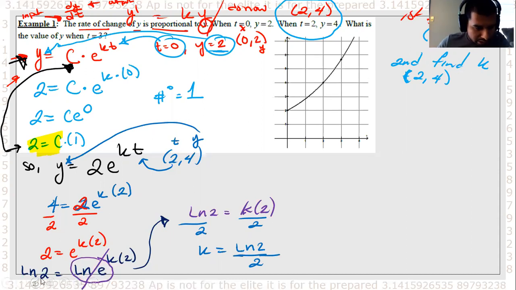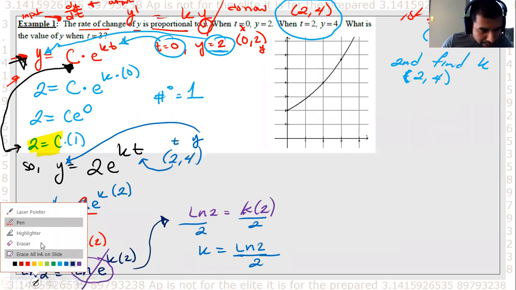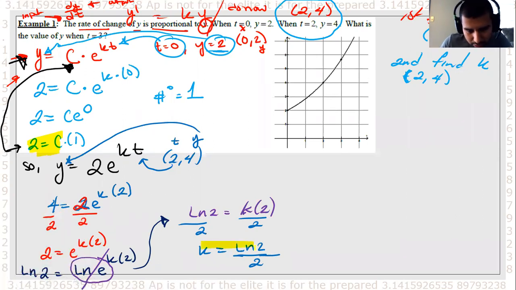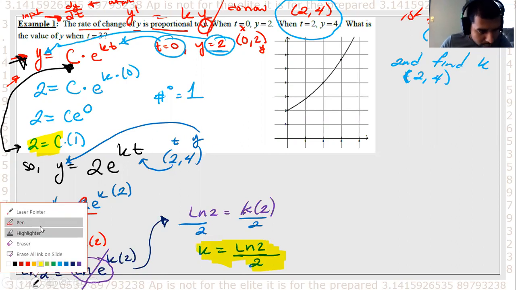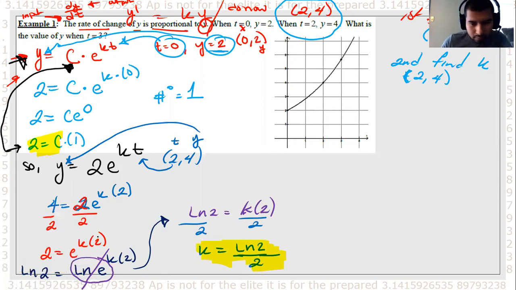Be very, very careful, guys. Notice that I cannot simplify the 2's in there, right? So let me highlight my answer. It's right here.